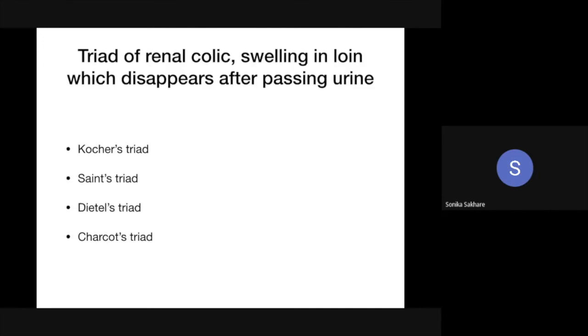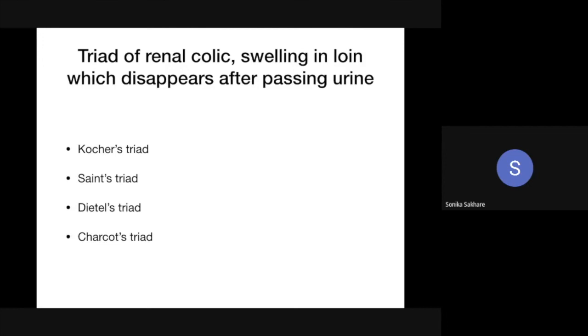You're going to have the colicky pain, and there is stagnation of the urine. There is swelling in the kidney, so you're going to have swelling in the loin region. After some time, the patient is going to pass large volumes of urine, and the swelling will disappear, and the pain will also disappear. That is nothing but your Dietl's triad.